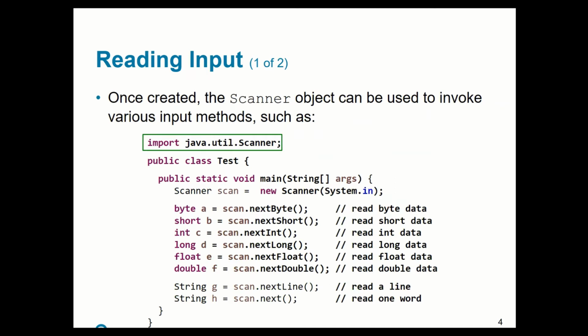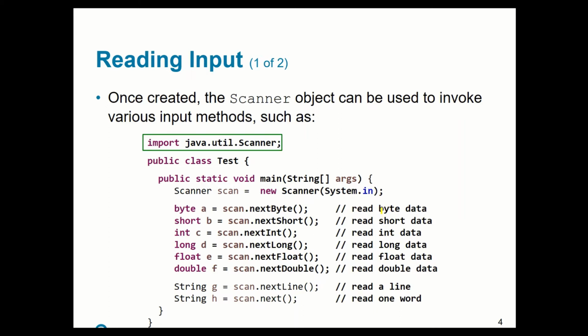Once created, the Scanner object can be used to invoke various input methods. There is an important thing when creating a Scanner object. The Scanner class is provided by Java. When using Java-provided classes like this, you need to specify which package the class belongs to. To do this, we use the import statement.